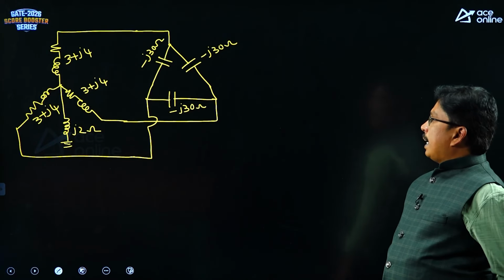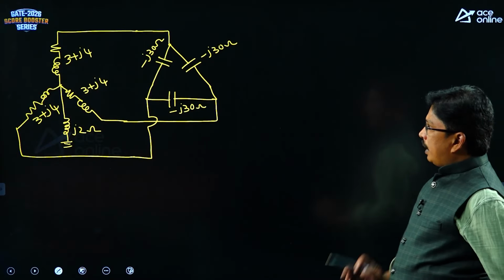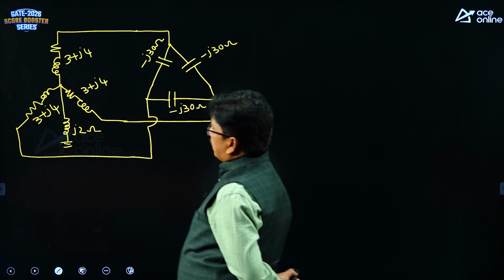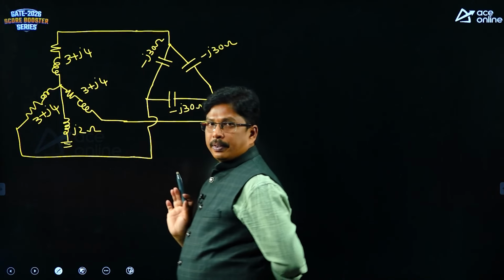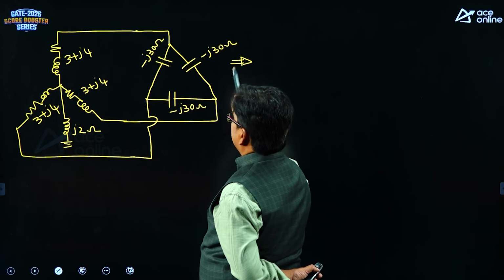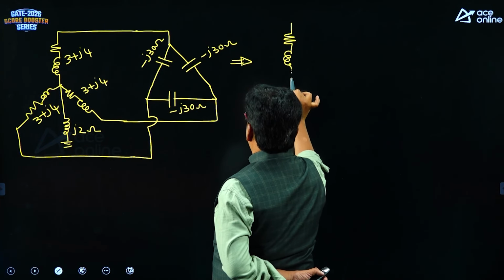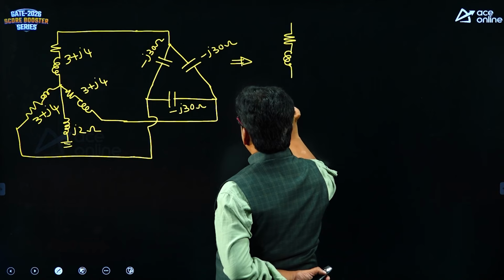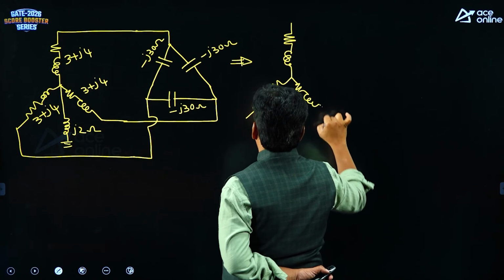Now, they are asking what are the positive, negative and zero sequence values. First of all, draw the positive sequence network. To draw the positive sequence network, convert this delta into star. Whenever you are converting the delta into star, this is the initial star connection, 3 plus J4.